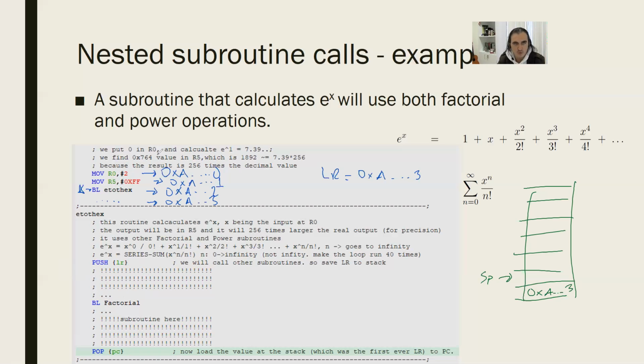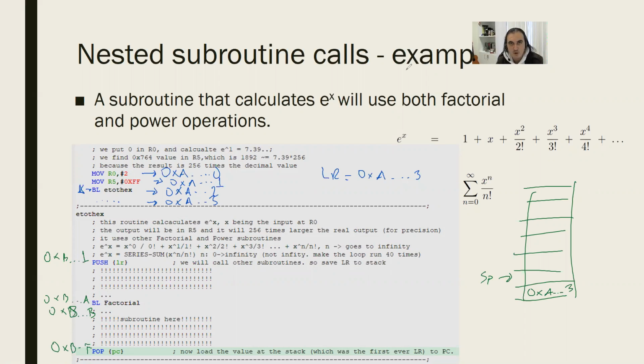Okay, these are some lines of code. They exist somewhere in the instruction memory. So for example, this is at the instruction memory B something something 1. This is at B something something A, for example. The next line of code is somewhere in the instruction memory B something something B, and this is somewhere in B something something F. Okay, so if I call BL factorial, it's going to save the next place to return in the LR.